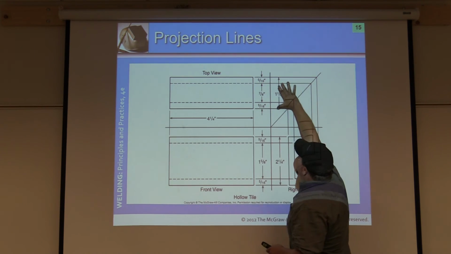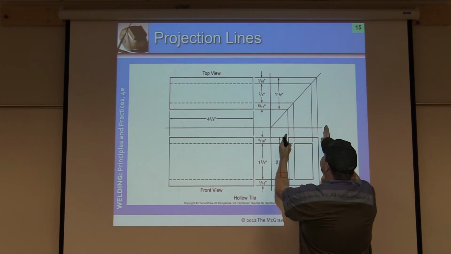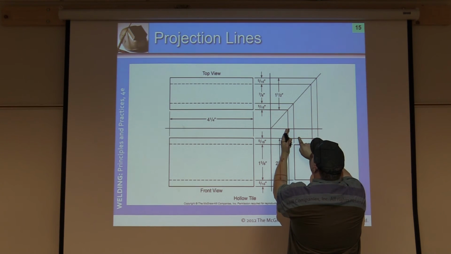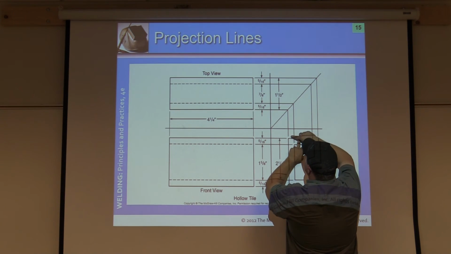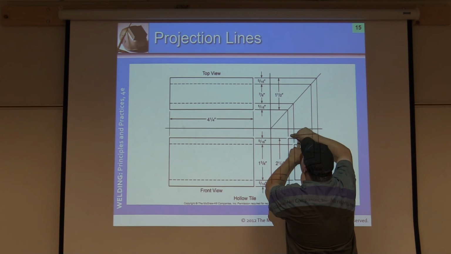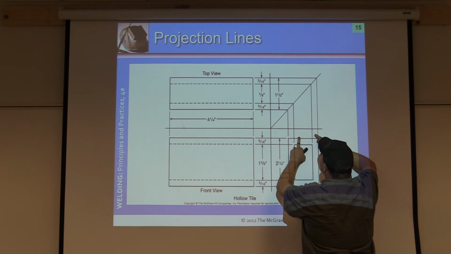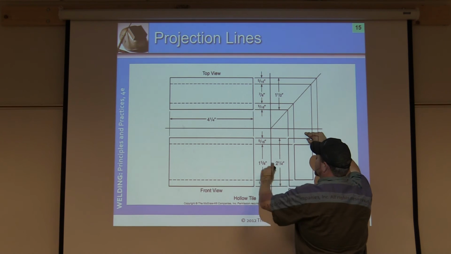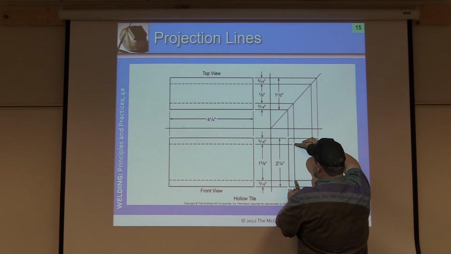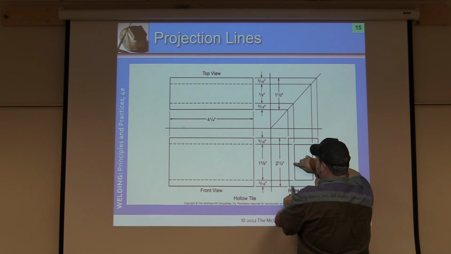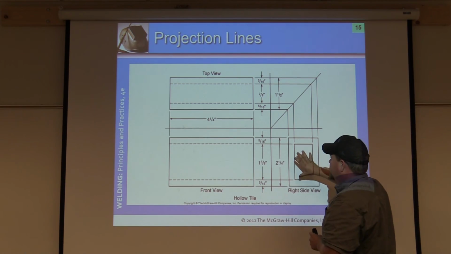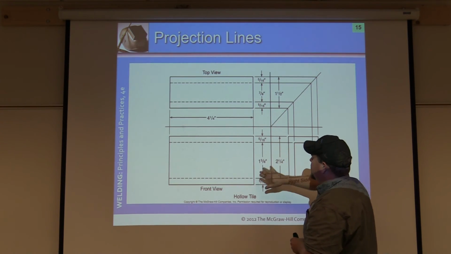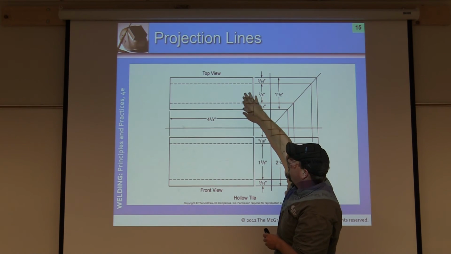So at this point, the 1.5 inches correlates to here, so this is 1.5 inches, 7/8 here, 5/16 here, 7/8 in the center. If you notice, it comes the same direction. 1 5/8 is the distance from here to here. 5/16, 5/16. So right here, we can tell that the outside surface is solid here and here.